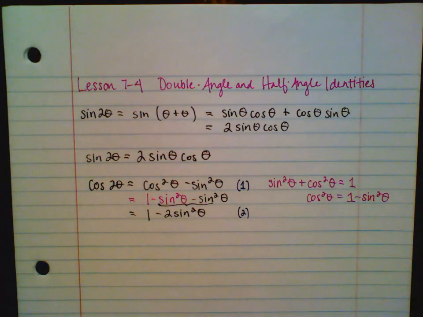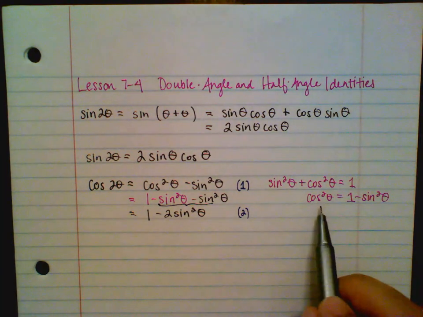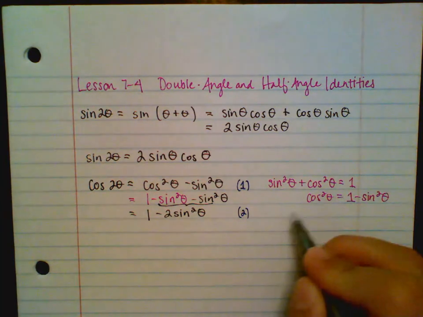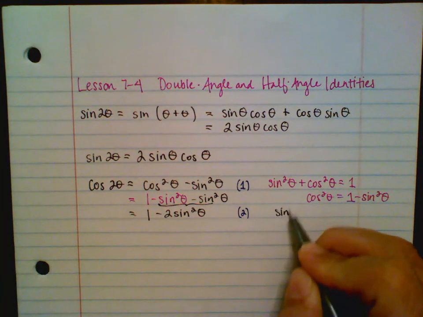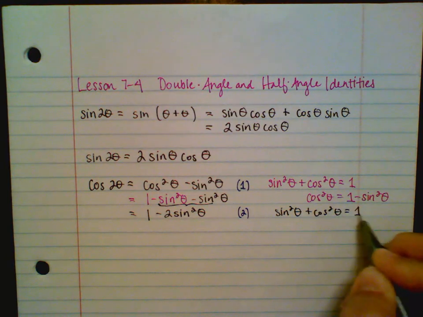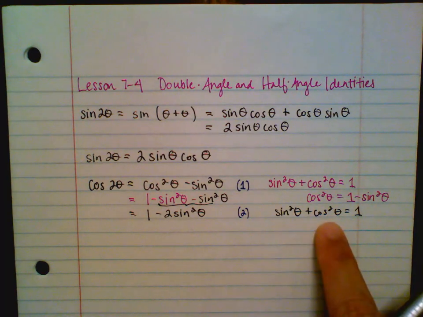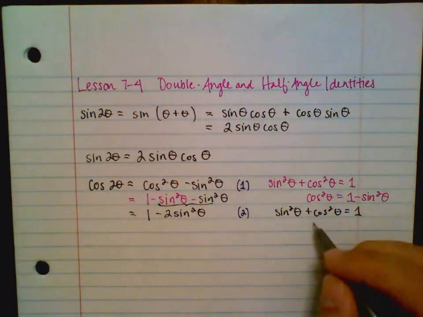I'm actually going to have a third one, and the third one will involve solving for the sine. So sine squared theta plus cosine squared theta equals 1. In order to solve for sine squared theta, I can subtract cosine squared theta.